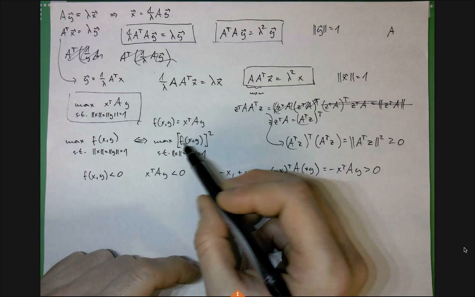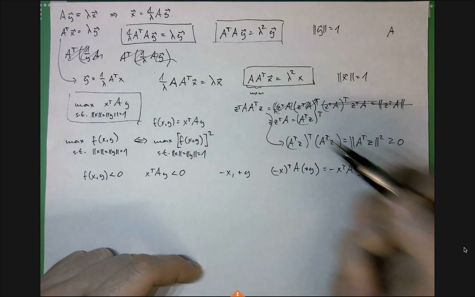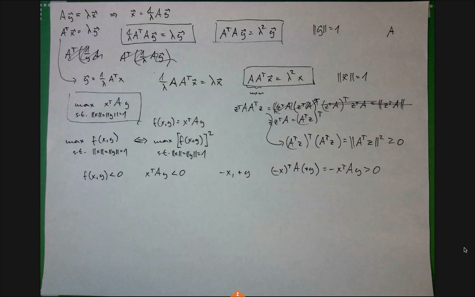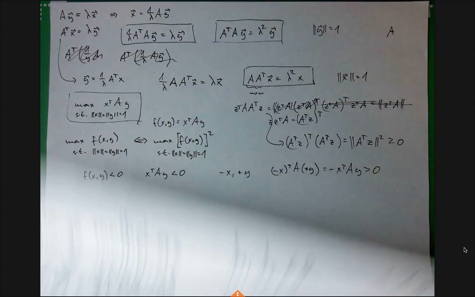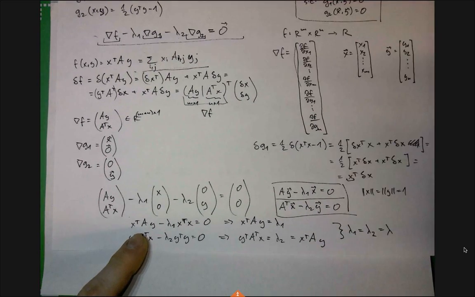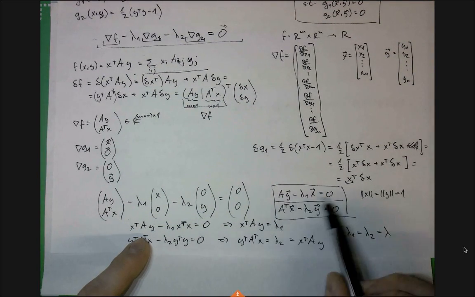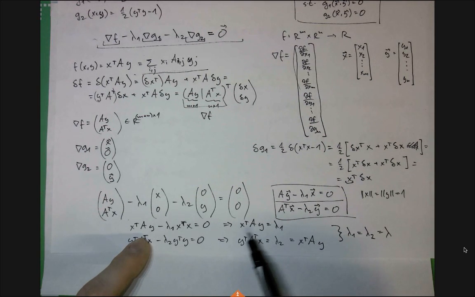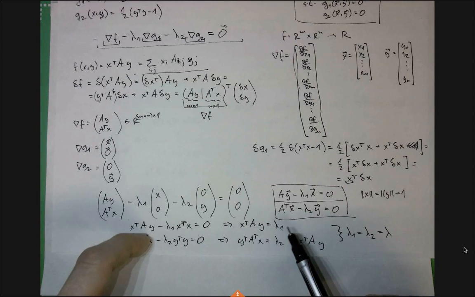And remember, what was the lambda? Notice that before, from this equation, we derived that f, a.k.a. x transpose Ay, is exactly the lambda.